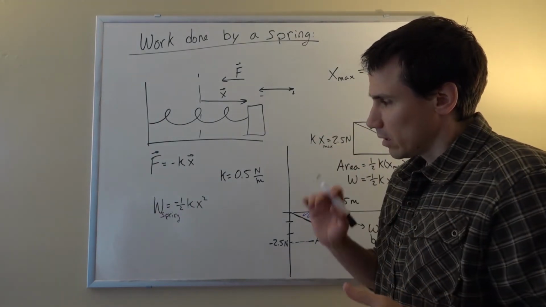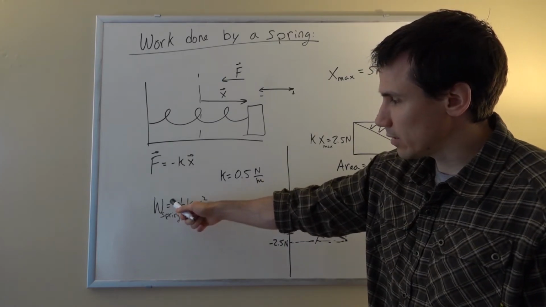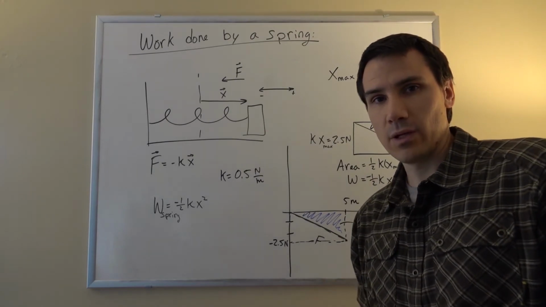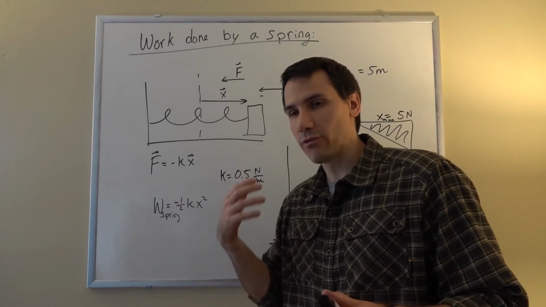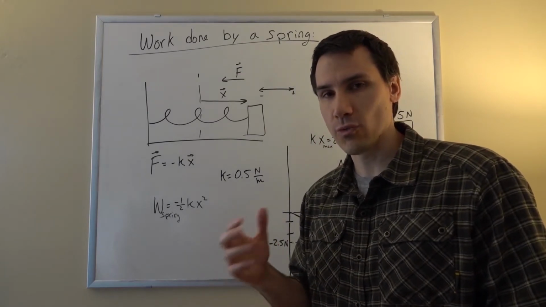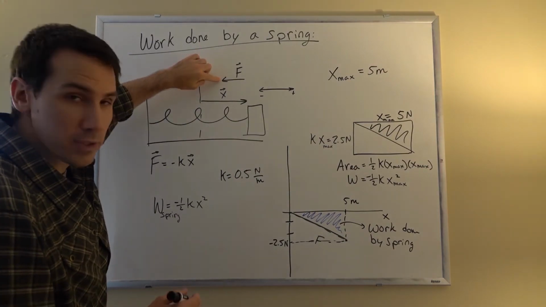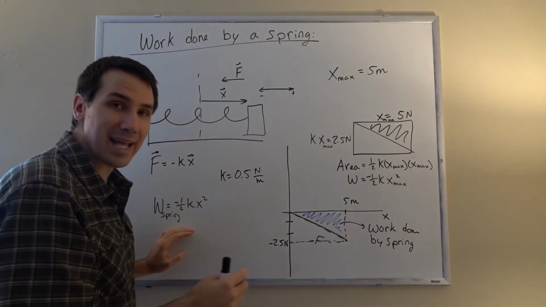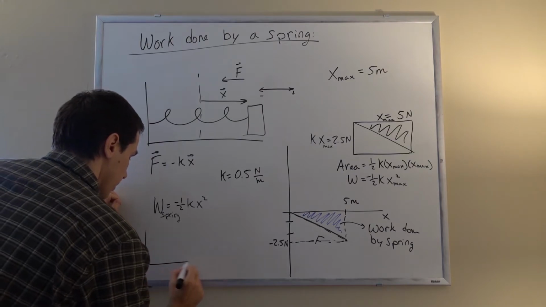Now, a few notes on this. One is that the minus sign here indicates, if we think back to our initial work discussion, we get negative work when the force of the spring acts against the direction of motion. Here, our force is acting against the direction of motion, leading to negative work. And this happens if I compress the spring as well.